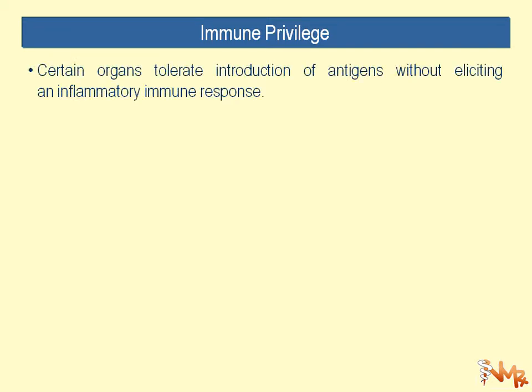Before I go further into historical perspective, it is important to talk a little about the concept of immune privilege. Just to know, some of the organs in the body have been shown to tolerate introduction of antigens better than other tissues without producing an inflammatory immune response.